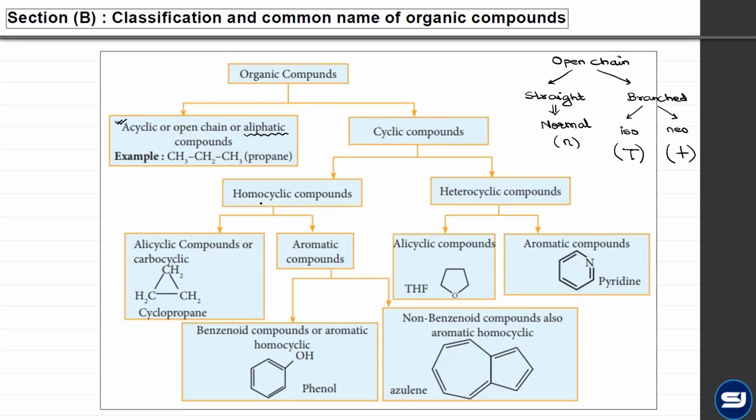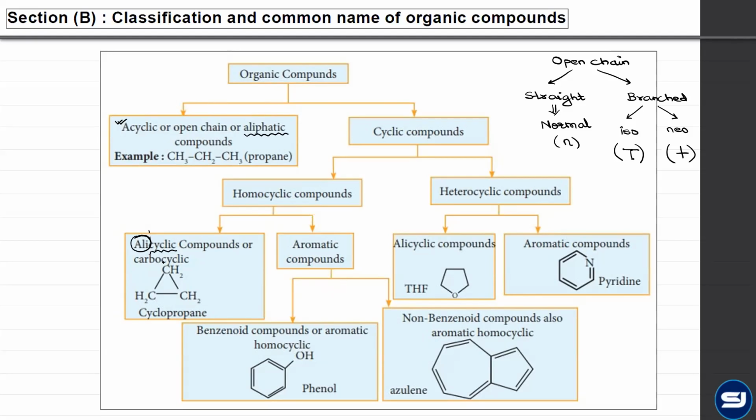Homocyclic are further classified into alicyclic and aromatic. So alicyclic नाम में ही definition है. They are those cyclic compounds which have properties of aliphatic compounds. मतलब the ring can have a single, double or a triple bond.